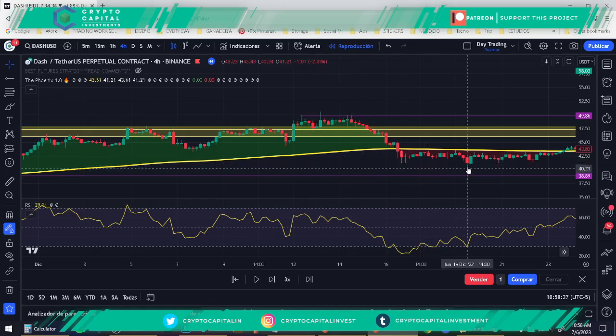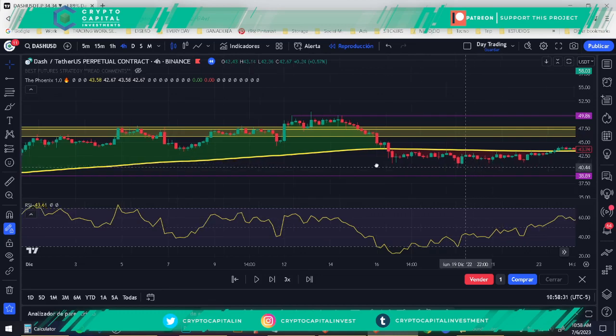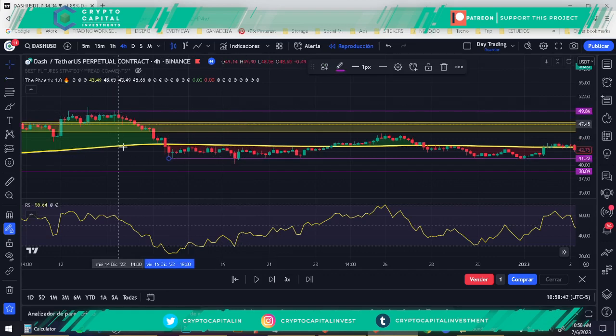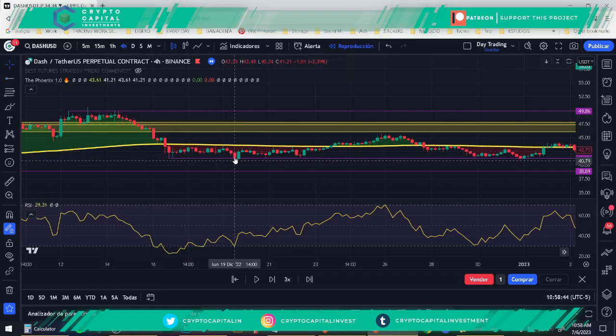Right here we have it too, I believe, or very close, and we have a divergence as you can see here, and then we had a swing failure pattern. So this was the previous low, and the price broke that below, but it closed above that, and that is a swing failure.